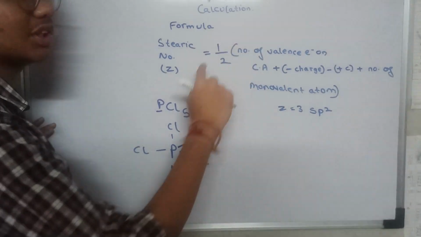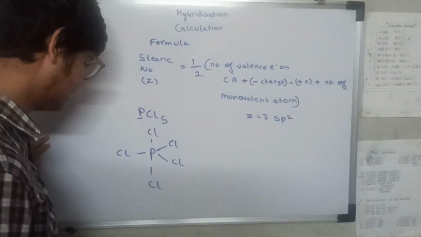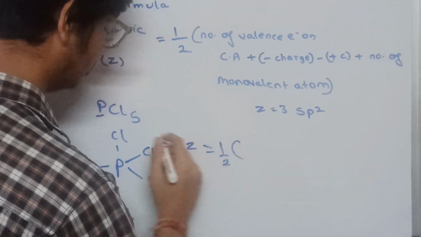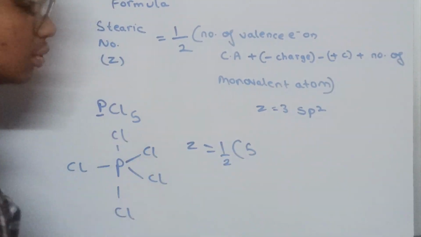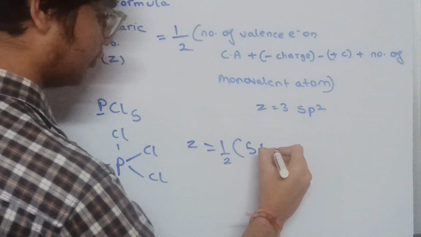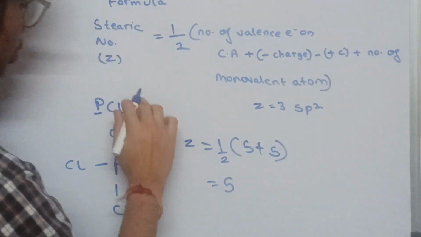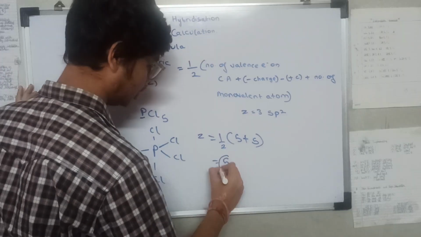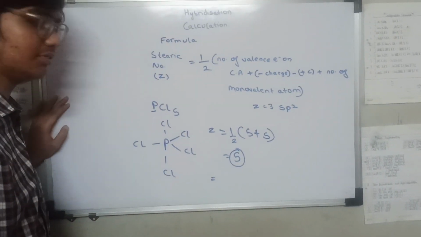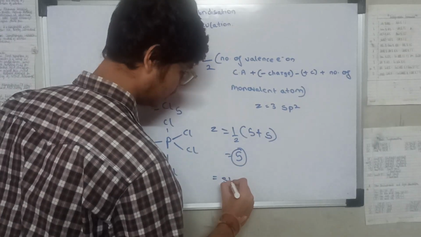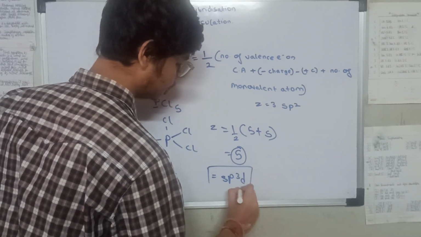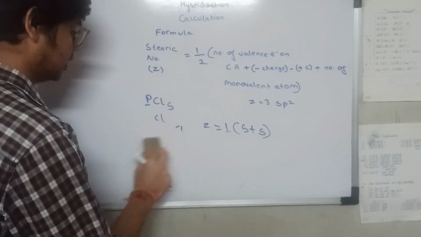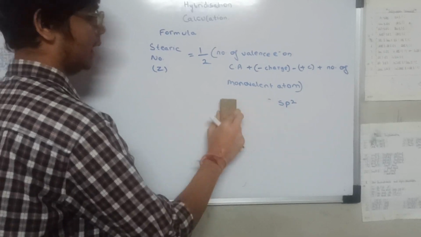This is how the calculation is done, because calculations are asked in CBSE papers. So apply it fast. Valence, it is from group 15, so 5, plus here how many are there? 5. Chlorine is also monovalent, so 5 is coming. Recall from the chart which I gave that 5 is for sp3d. So this was the formula method. I hope you got this method, and it is very essential and important to apply.